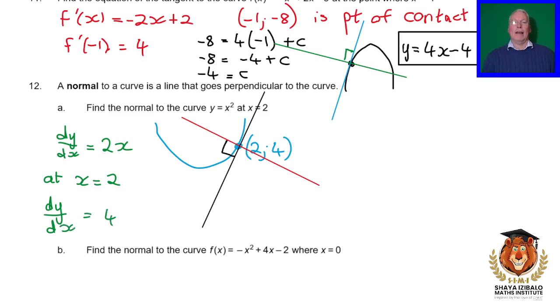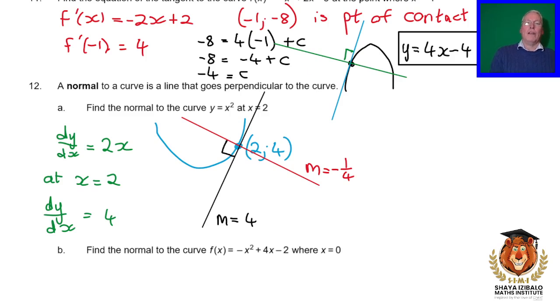So this black line, this tangent line, has got a gradient of 4. Okay, now how are we going to find the perpendicular line? Yeah, that's right, we're going to turn it over and change the sign. So this red line, this normal, has got a gradient of negative a quarter. The black one is called a tangent, the red one is called a normal.